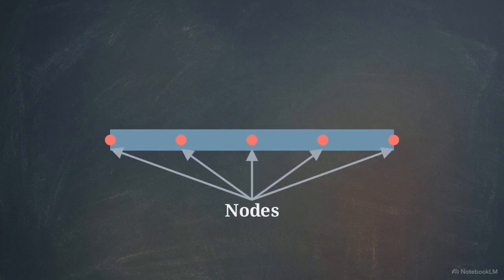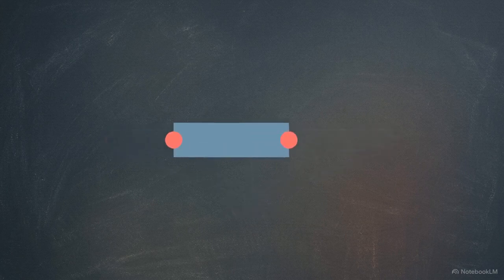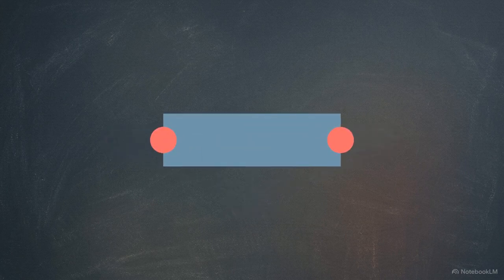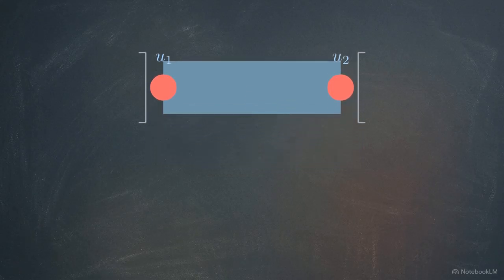If we isolate a single one-dimensional element, we can assign displacement variables, u1 and u2, to its two nodes. Our objective for this specific subdomain is to derive a localized set of equations that govern the mechanical behavior of just this piece. This mechanical behavior is expressed through a standard matrix equation.